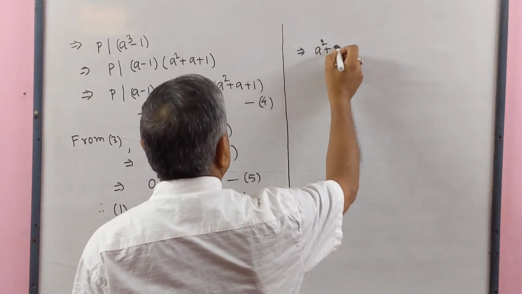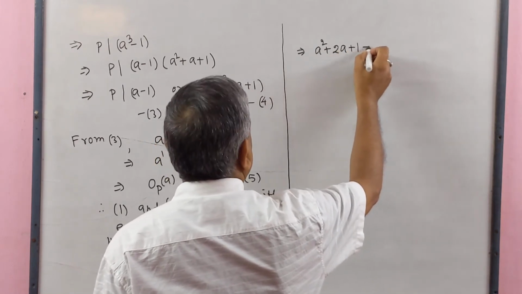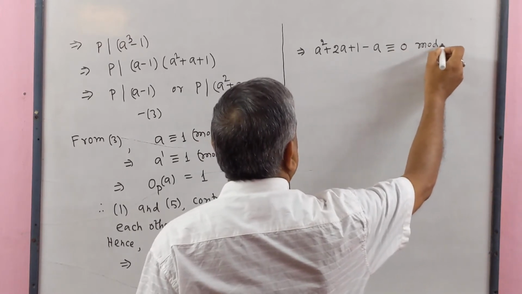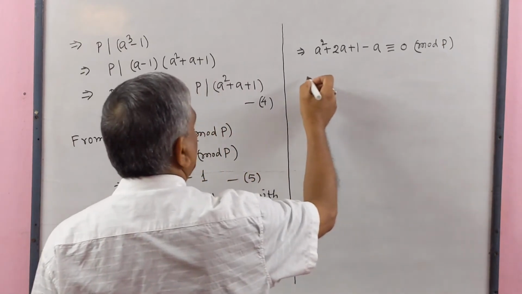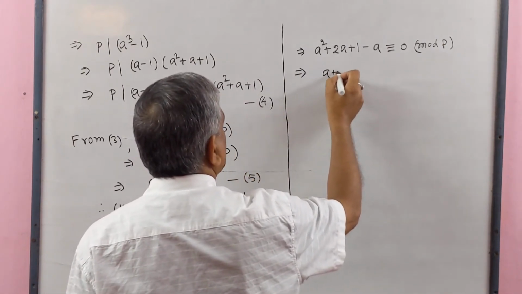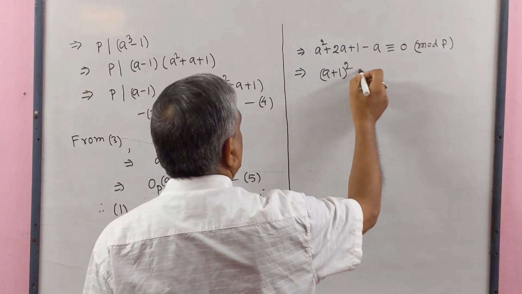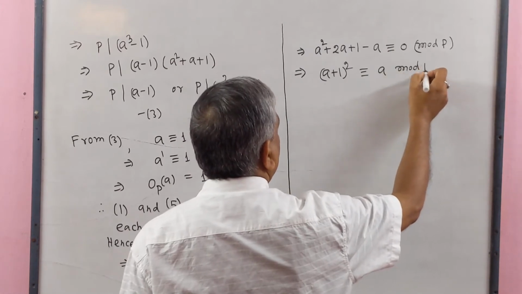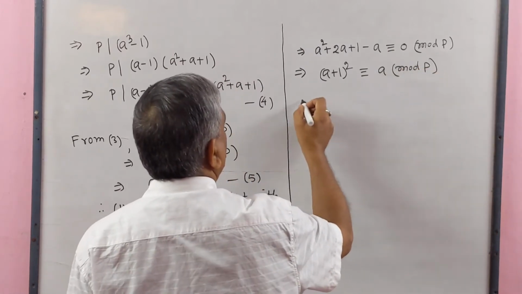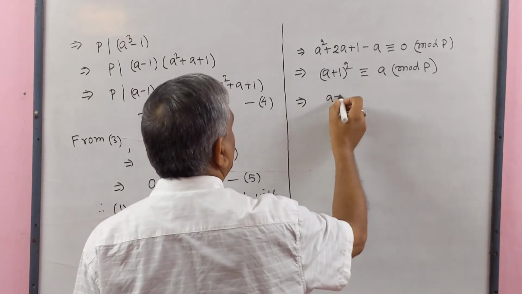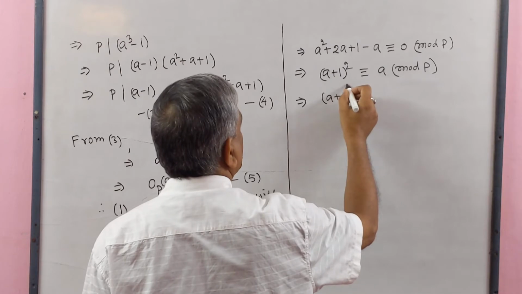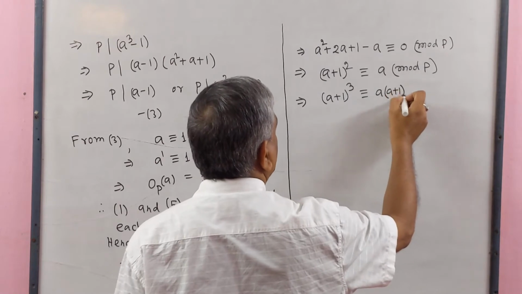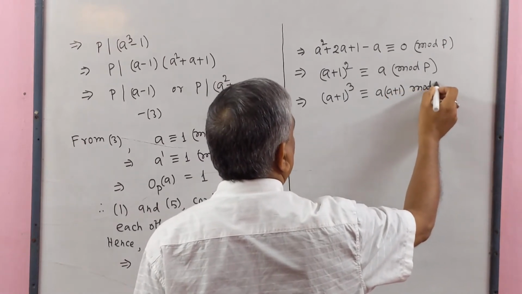Implies that a square plus 2a plus 1 minus a is congruent to 0 modulo p. Implies that a plus 1 whole square is congruent to a modulo p. Multiplying both sides by a plus 1, here we get a plus 1 whole cube is congruent to a multiplied by a plus 1 modulo p.